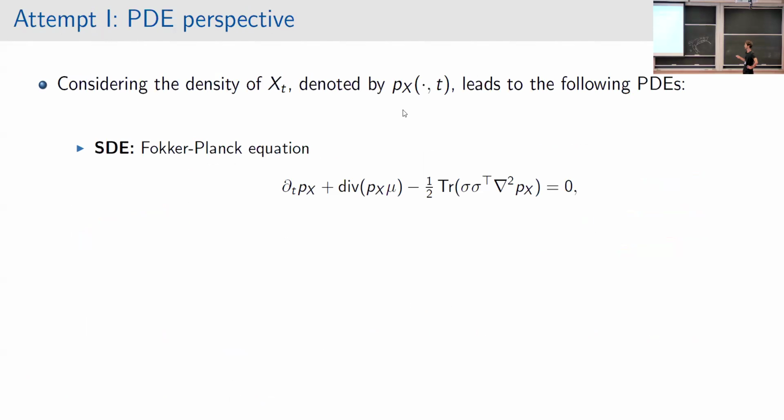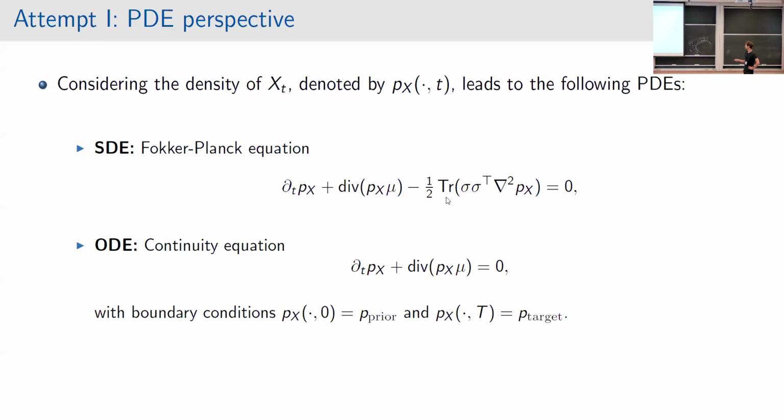So I guess you all know that the density of this process is described by a partial differential equation. Namely, for the stochastic evolution, I have this Fokker-Planck equation here. And for the deterministic case, by setting the sigma to 0, I get what people call the continuity equation, right? So these 2 PDEs describe my density evolution.